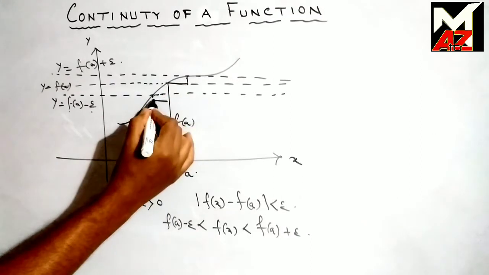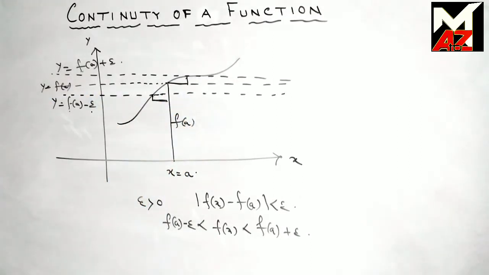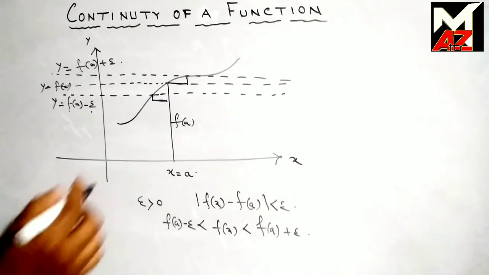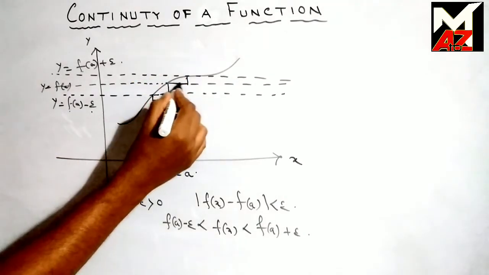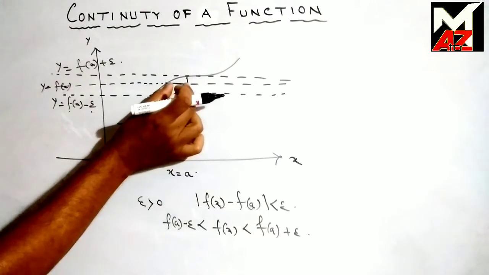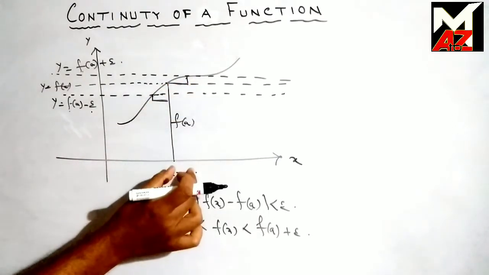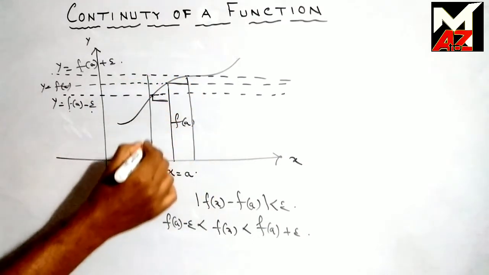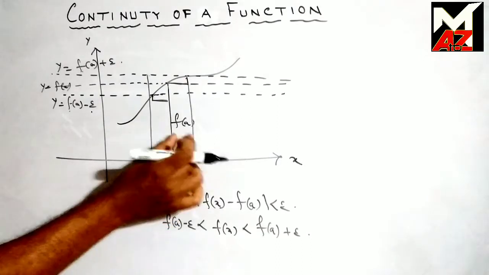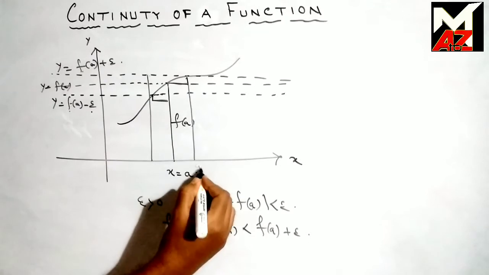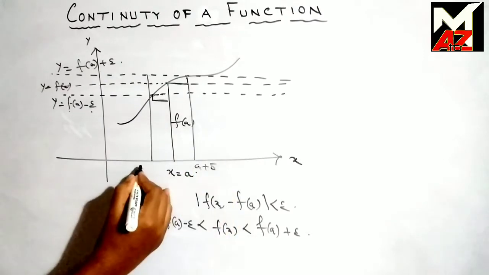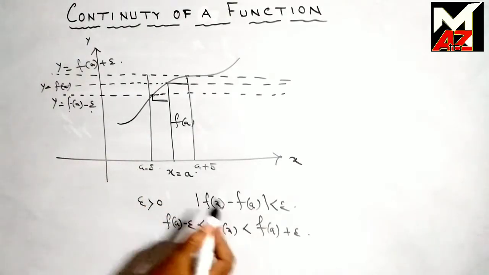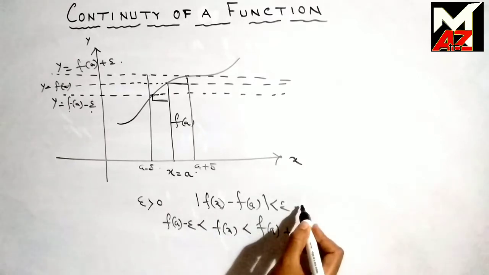We choose delta such that if this is greater than this, then we take this smaller part as the length of delta. So this is a plus delta and this is a minus delta, and we can write that this is less than epsilon whenever mod of x minus a less than delta.